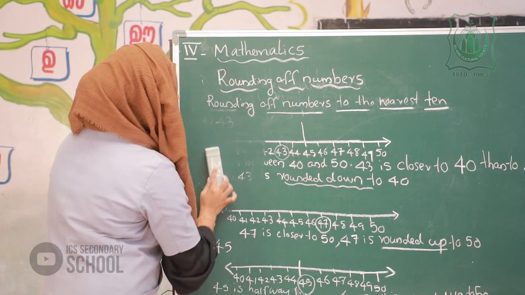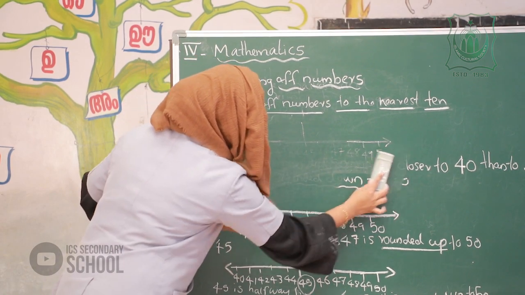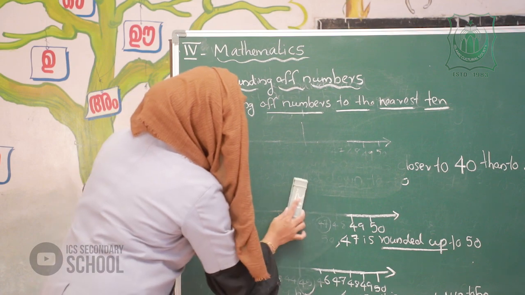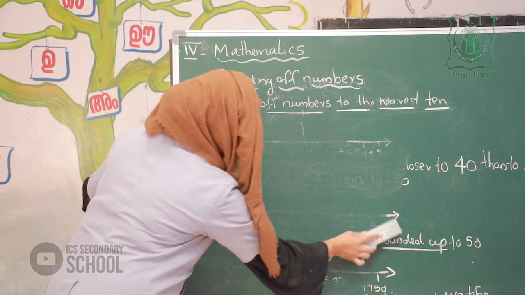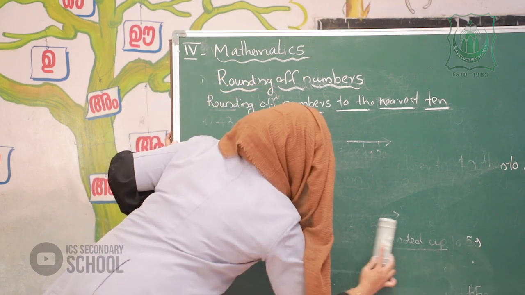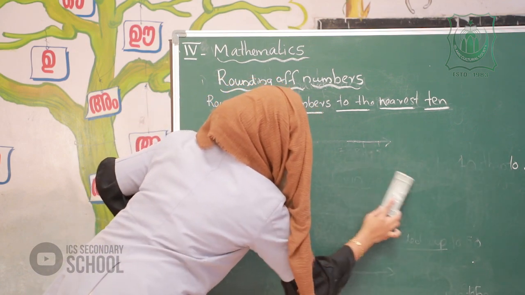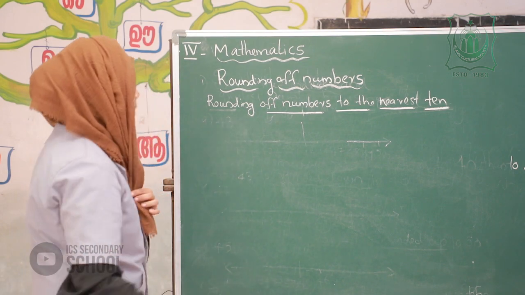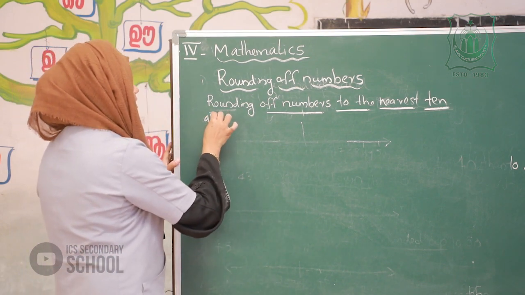Okay. So, without representing on a number line, we can find out the nearest 10. First number is 43.